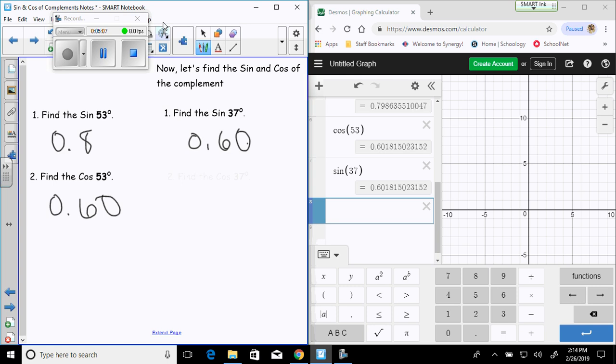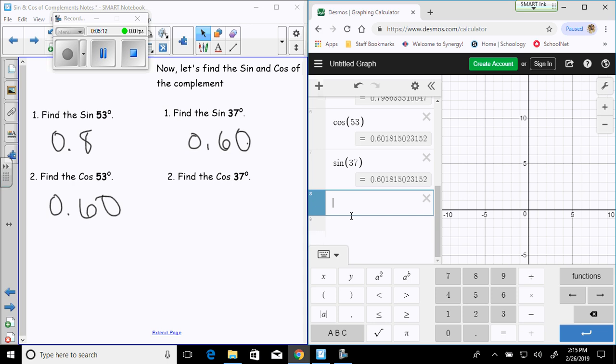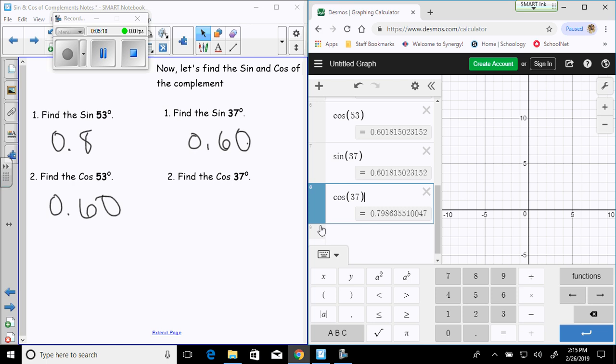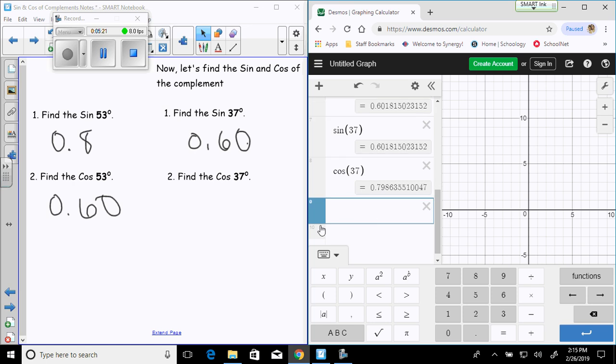Then let's go ahead and find the cosine of 37 degrees, which we get as 0.8. Okay. So again, looking at this, what do you notice? You see any relationships here? Anything you can try to summarize?